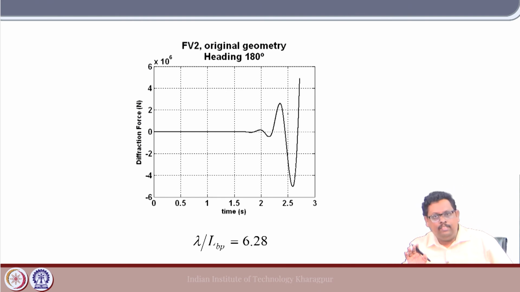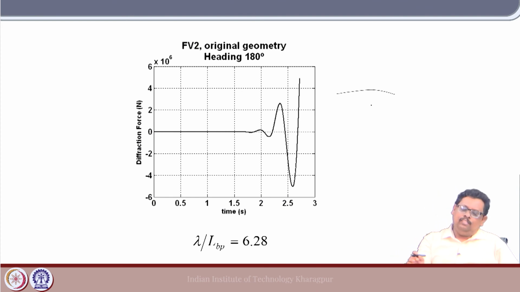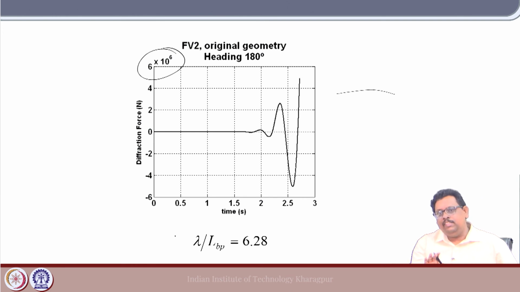This is the classical problem of forward speed time domain. It means that some geometries will work nicely, but when they have some kind of flare at the top, it will not work. That is what is happening. Now, how to handle this numerical instability? You can see here this value reached 10 to the power 6, which is not reasonable. I mean, it is absurd, I would say. So now we have to take care of 3 things. So, let us see.